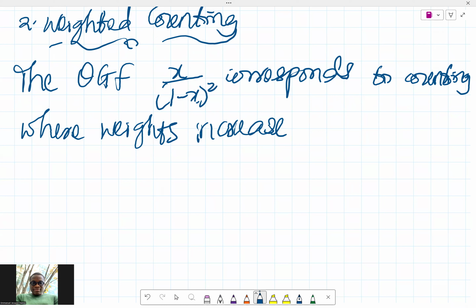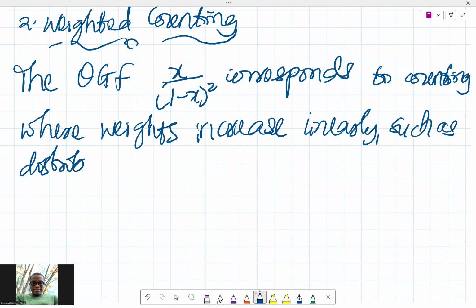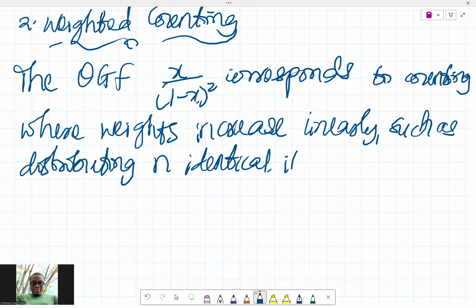You can see the x at the top as a weight, such as distributing n identical items into bins.